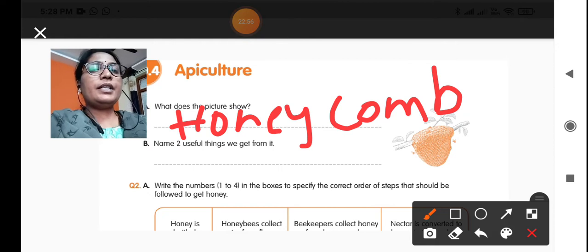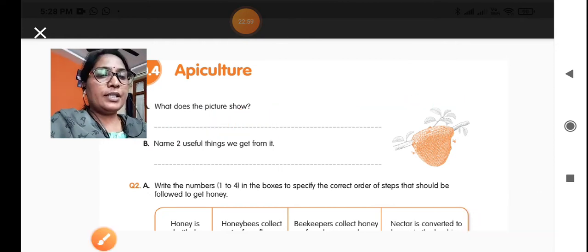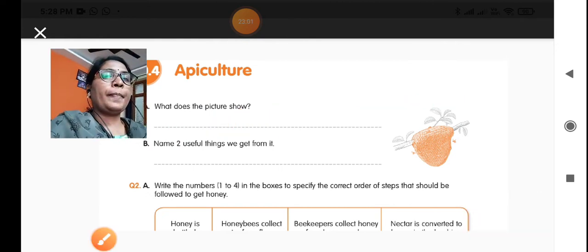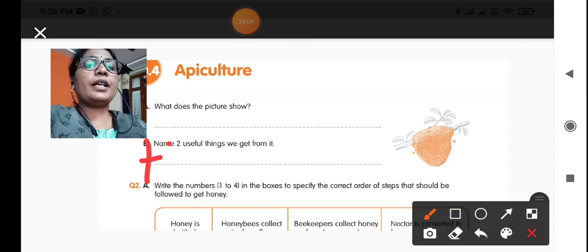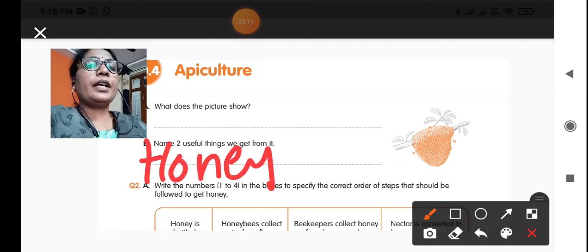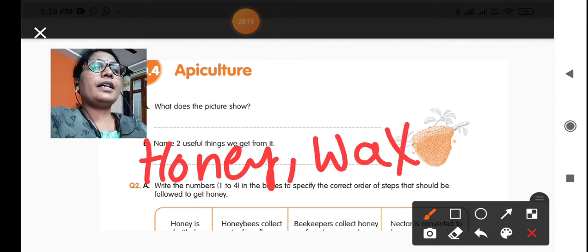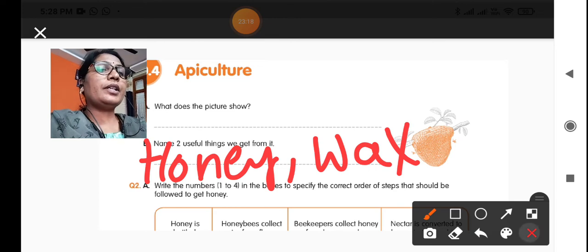It is just a hint. You can write your complete answer there. And the next one, name two useful things we get from it. So, from the honeycomb, what are we getting? We are getting honey and also wax. Wax and honey, both we are getting from the honeycomb.